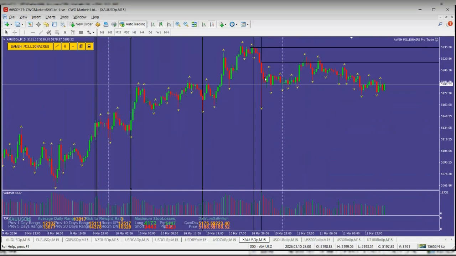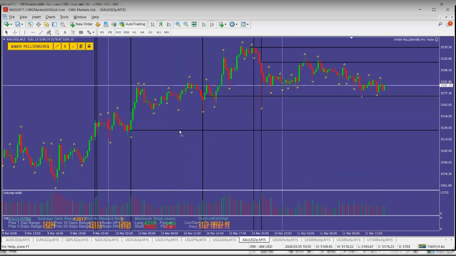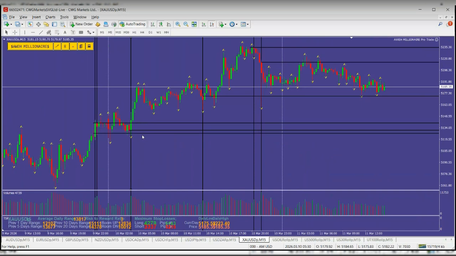So got this here, demand level, another one here, which is a demand level, this one over here, which is also part of the demand zone, and then this one below, which is a demand level as well. Okay, so I'll focus on those for now, where this one in here seems like a zone.